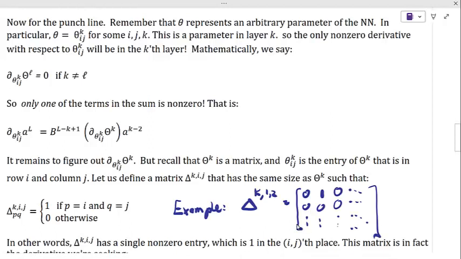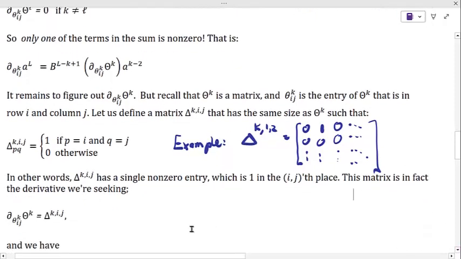Here I put a possible example. Delta K12 would have a 1 in the first row, second column, and 0 everywhere else. Now the size of the matrix would depend on theta K, the transition matrix for the kth layer, but the 1 and the 2 indicate the row and the column of the non-zero entry.